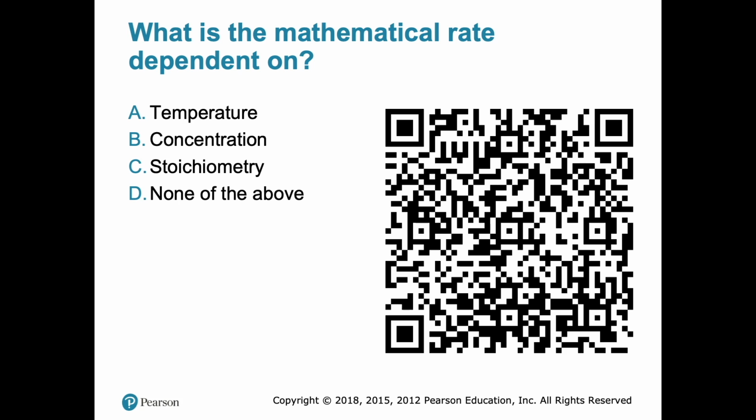All right, so looking at the answers. Good job. The vast majority of you got that one right. The answer is, in fact, stoichiometry. Stoichiometry is what we depend the mathematical rate on because stoichiometry is the coefficients, and those coefficients go straight into the rate equation.